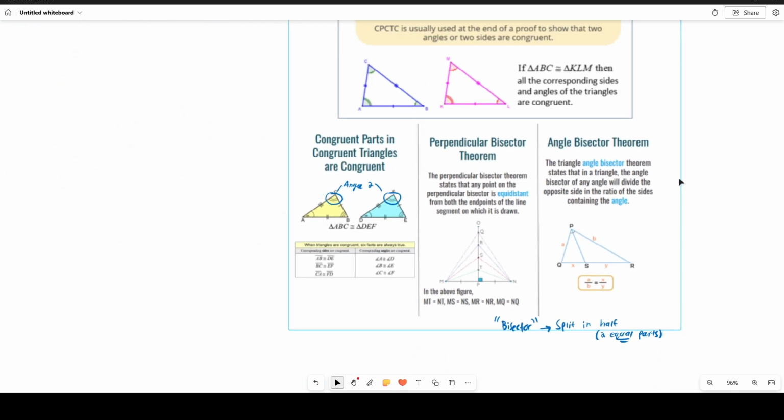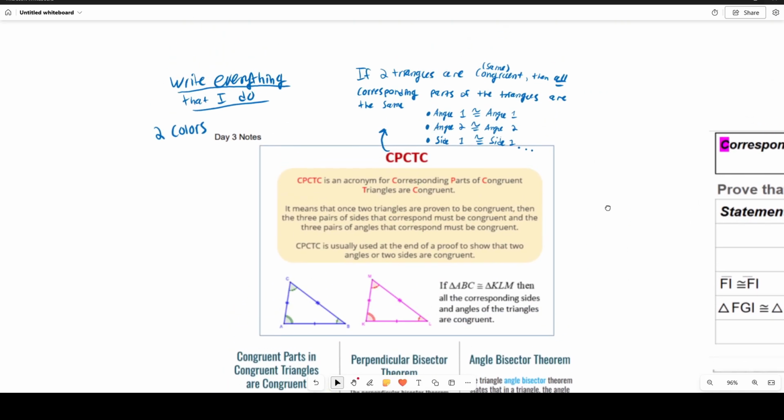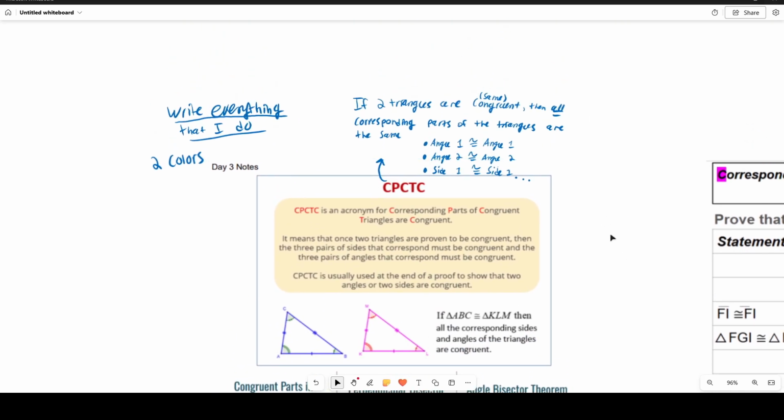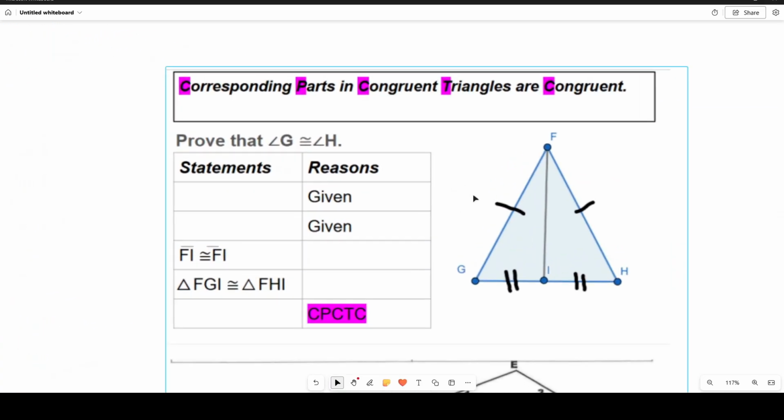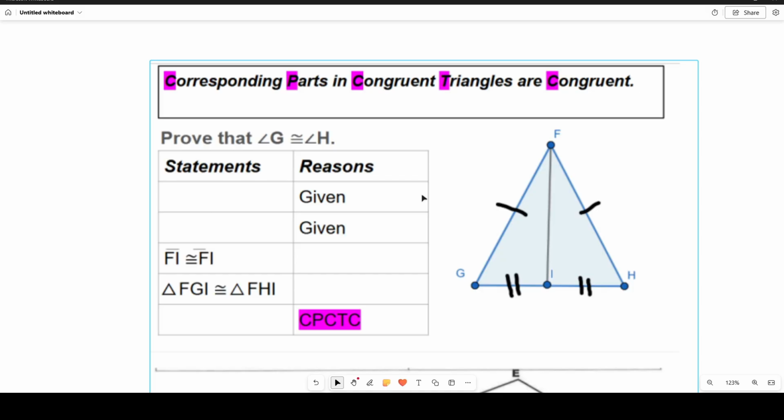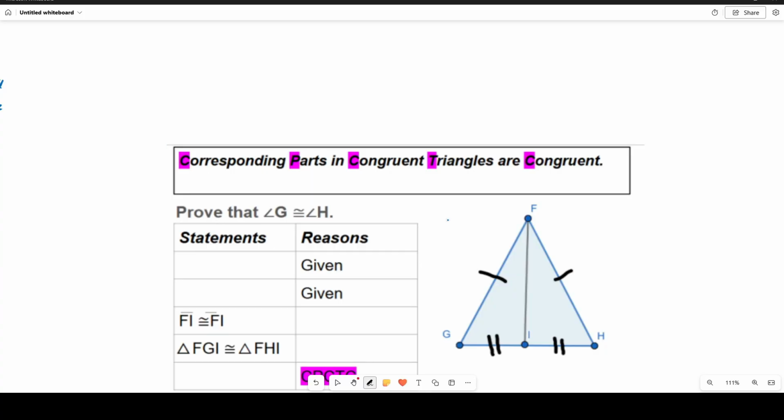Now that we've defined what CPCTC is, besides a whole big mouthful of words, let's actually use it in an example. So here, this is what you're going to be given, some kind of question like this. And I'm not just going to throw you into it. I'm going to give you a two-step process that you're going to follow. So I want you to write, first off, how do we use this?